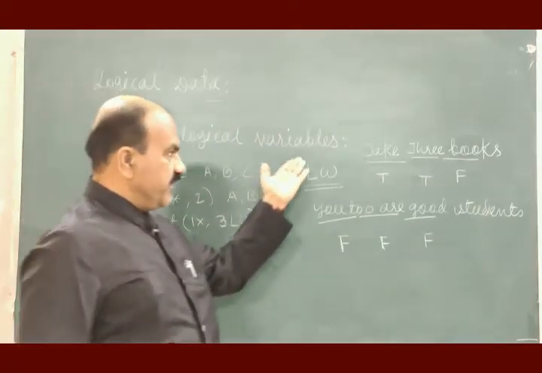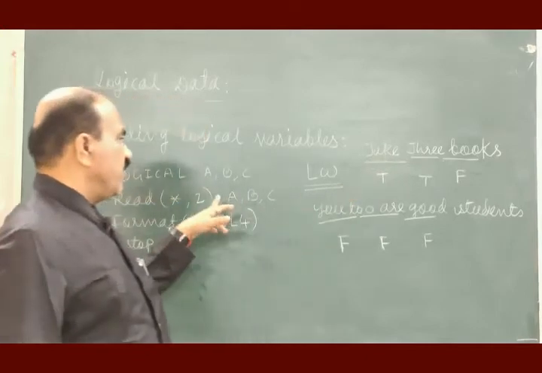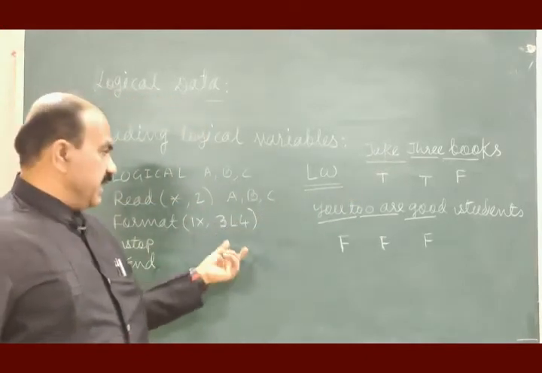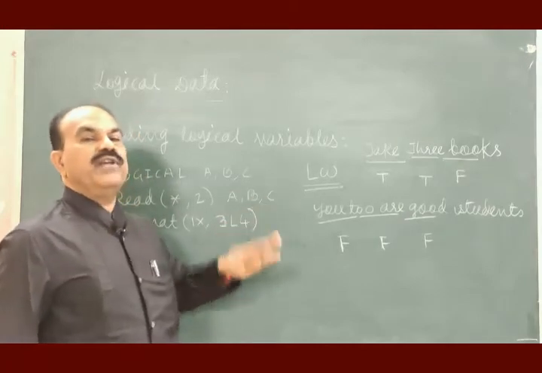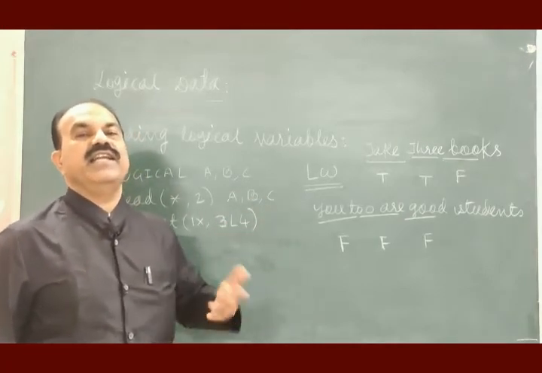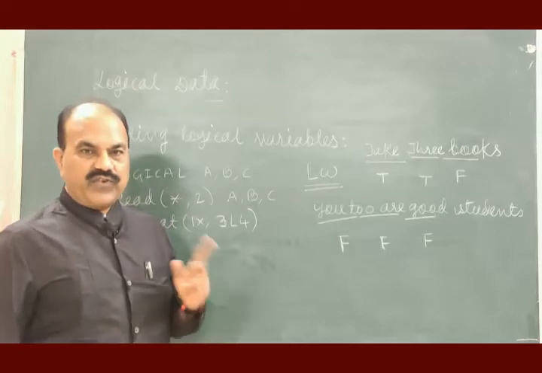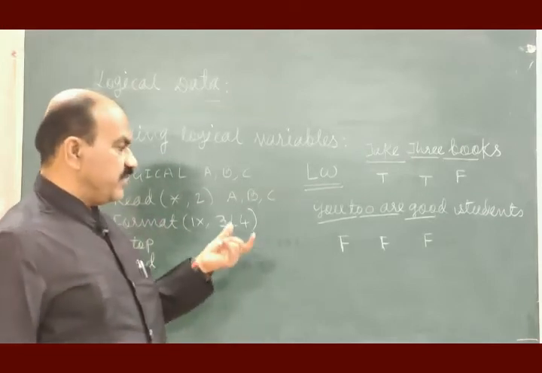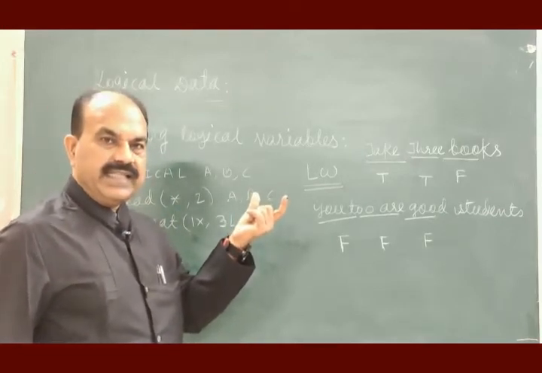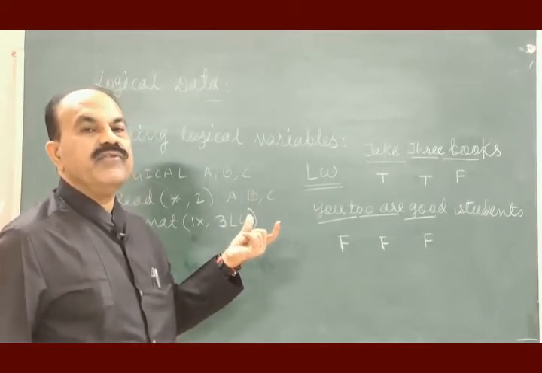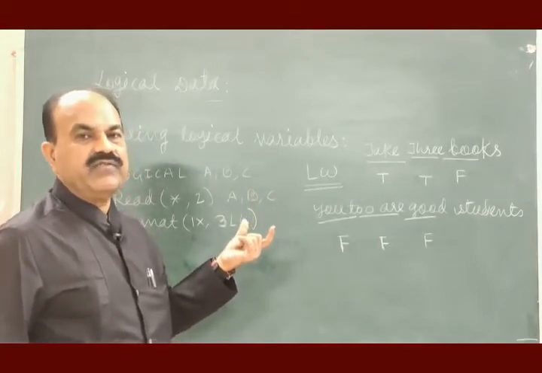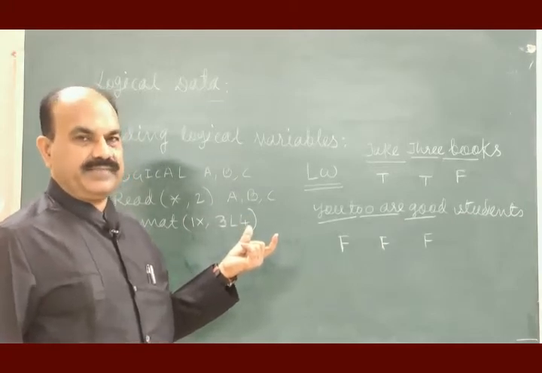Okay, so this way whatever you type for values of A, B, C, depending on this format, whether it is L4, L5, L6, L7, L8, the first letter of that word will be examined.